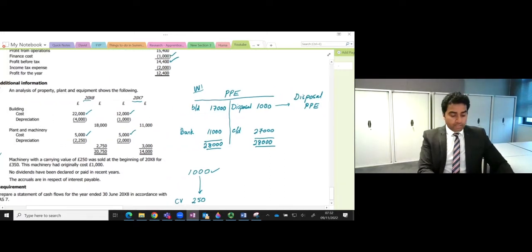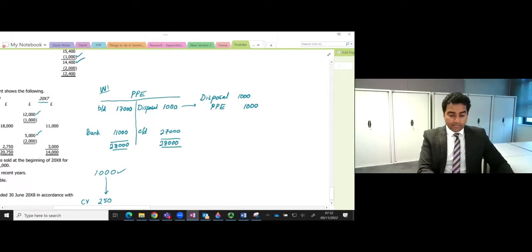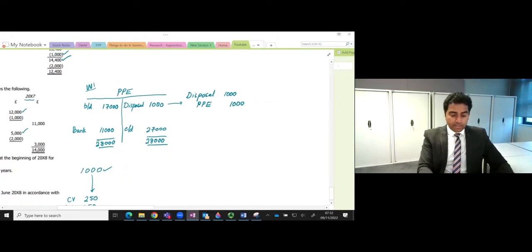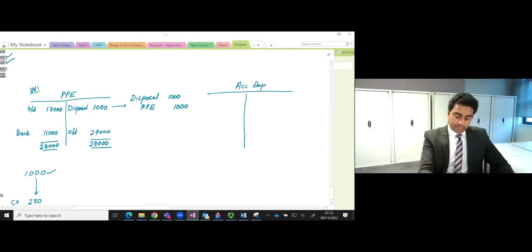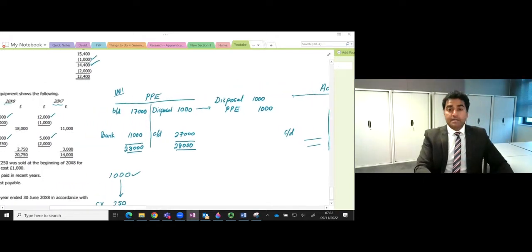While I'm on this, I will open another T account and record the accumulated depreciation. The accumulated depreciation will have an opening balance appearing on the credit side, brought down balance, and the carried down balance will appear on this side. So let's have a look at the question.